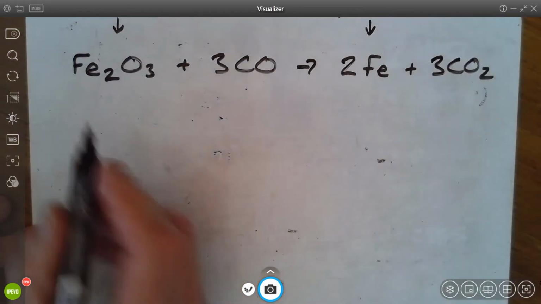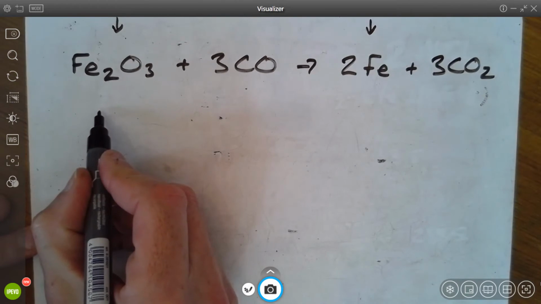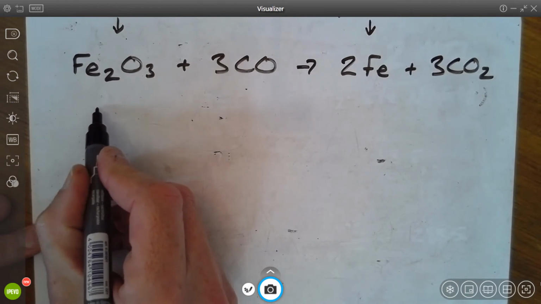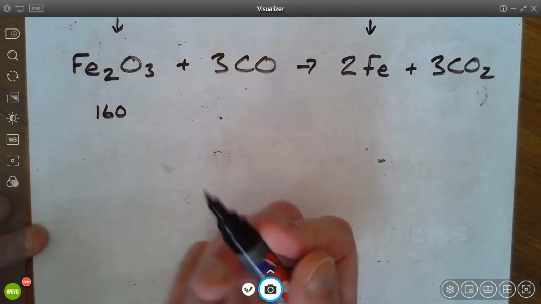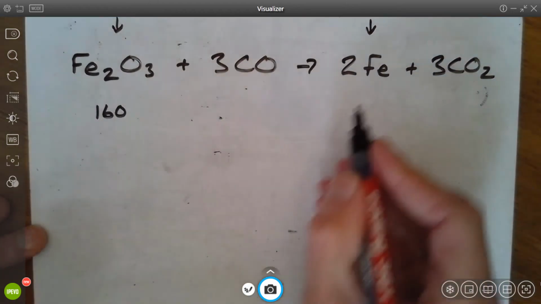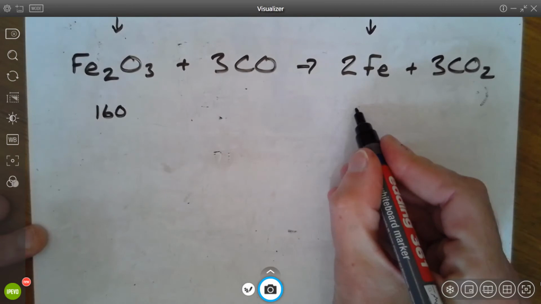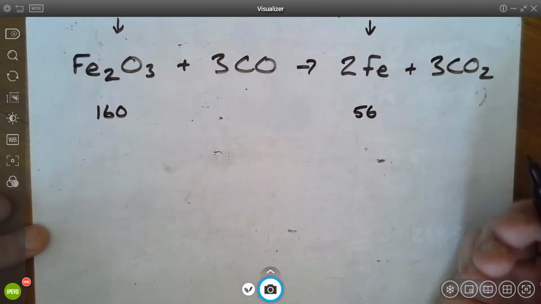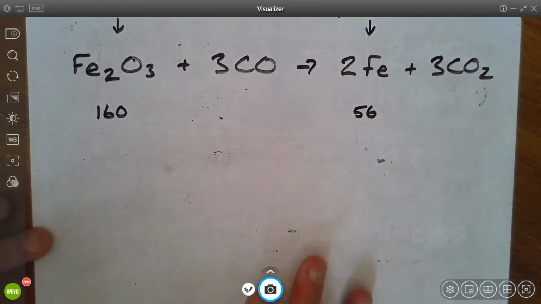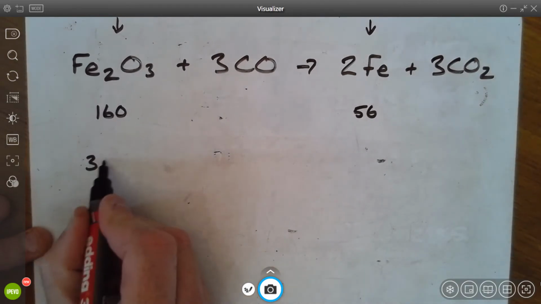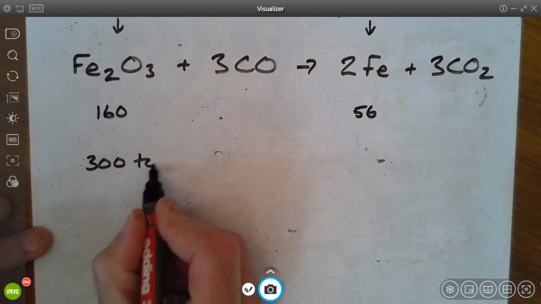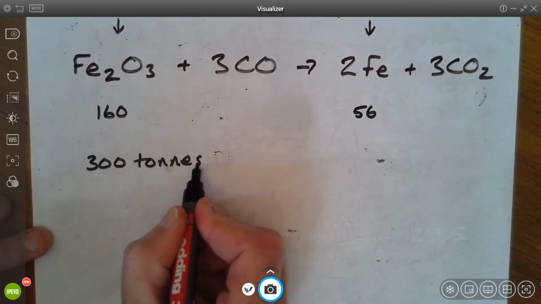First of all, we need to calculate the relative formula mass of iron oxide. If we do that maths, we end up with 160. And the relative atomic mass of iron is 56. We were told we had 30 tons.